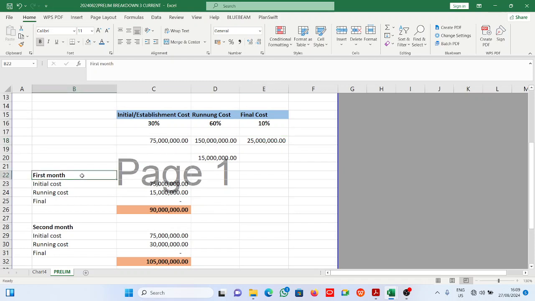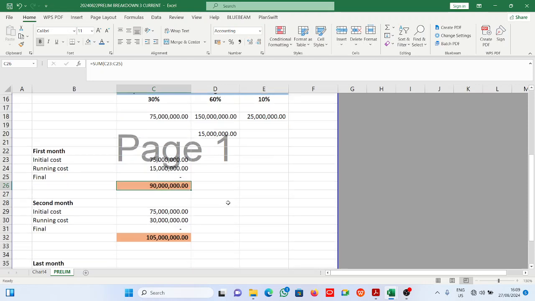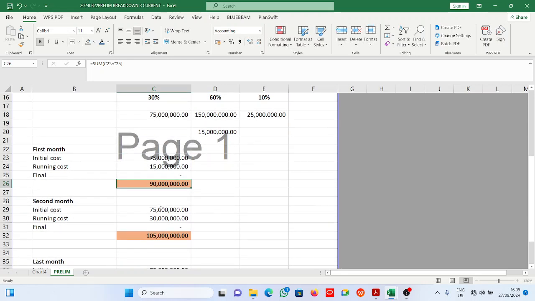Now this is for the first month. The initial cost, of course, is constant, it is fixed, 75 million. The running cost is 15 million, so you get 90 million. Now for the second month, the initial cost is 75 million, still fixed. Now the question is, why is it coming back here?